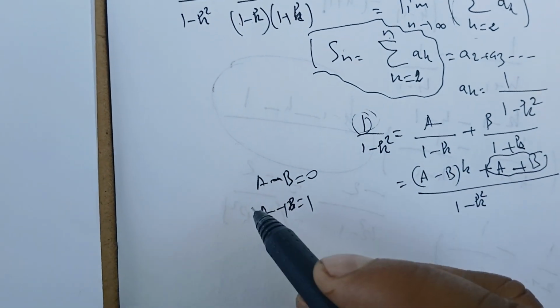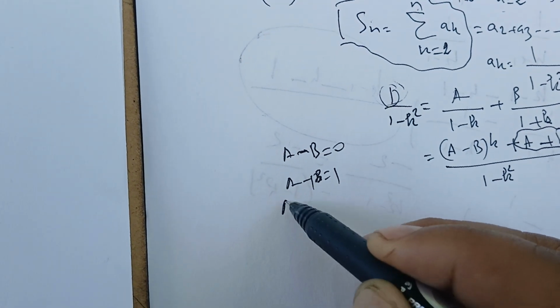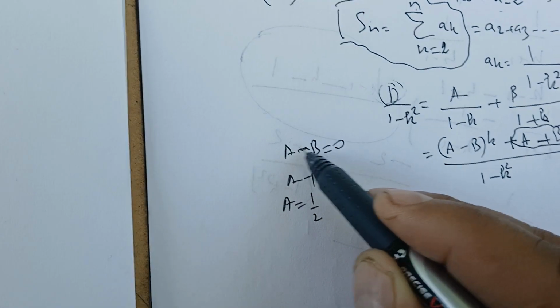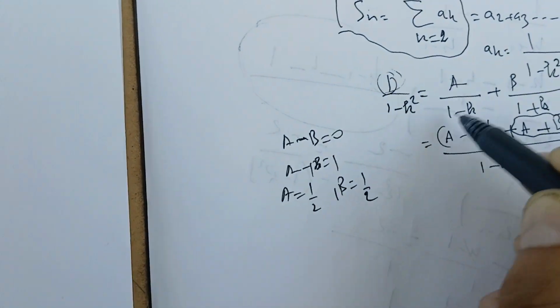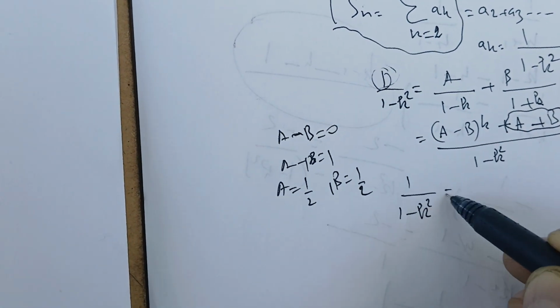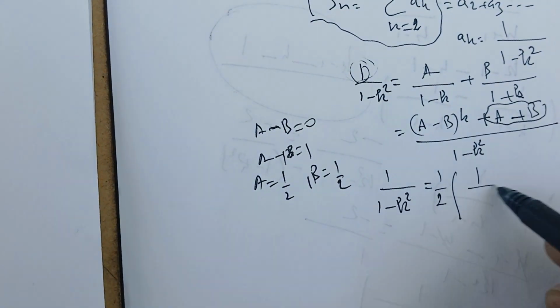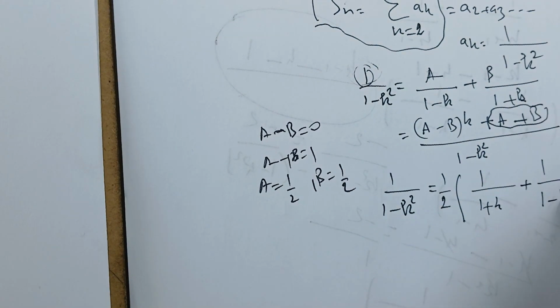If we add these two, we get 2a equals 1, so a is 1/2. And from a minus b equals 0, b is a, so b is 1/2 as well. Therefore, 1 over 1 minus k squared can be written as 1/2, I'll take it outside, times (1 over 1 plus k plus 1 over 1 minus k).